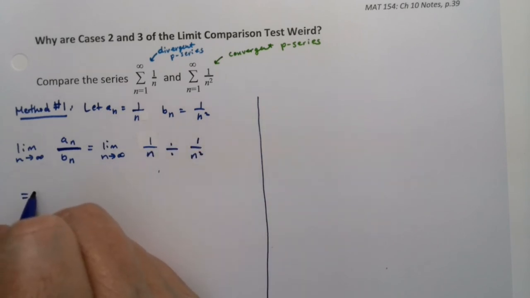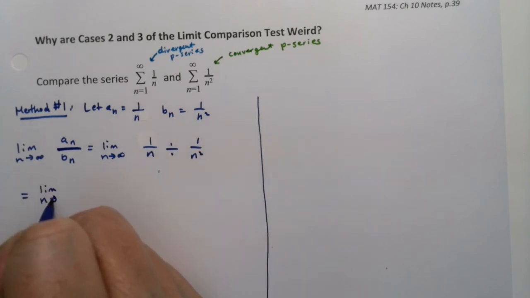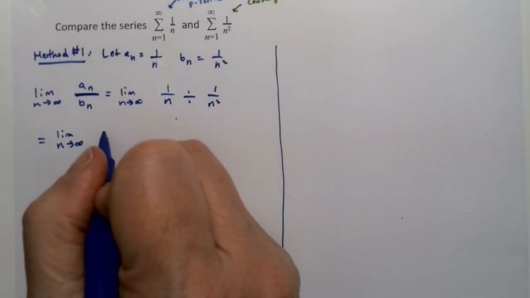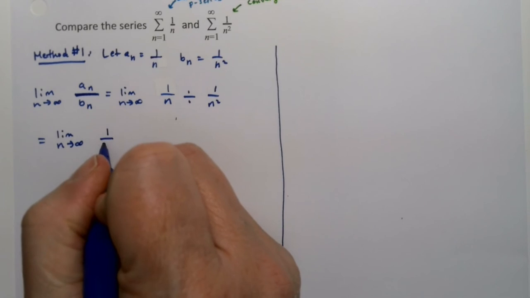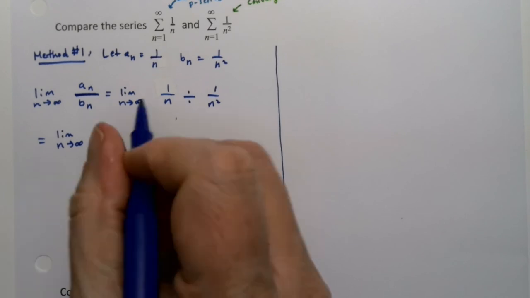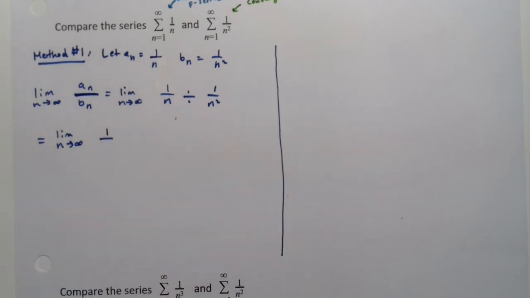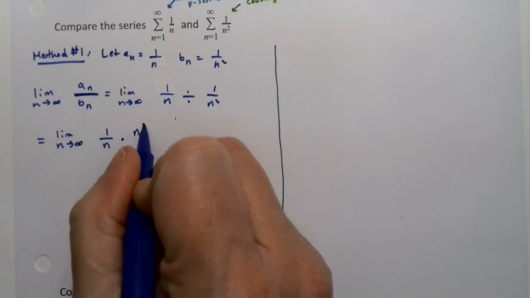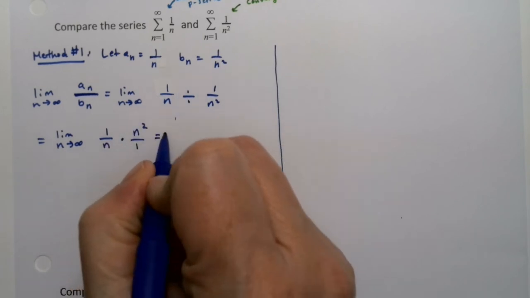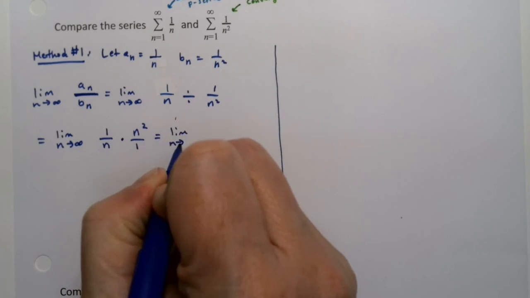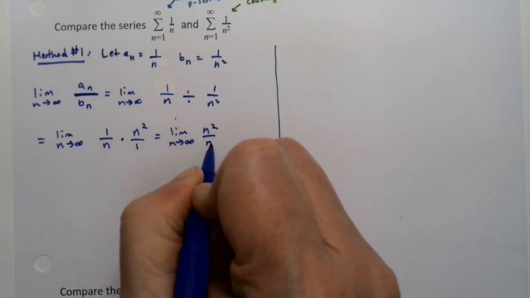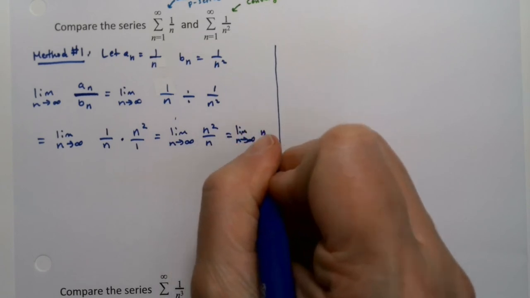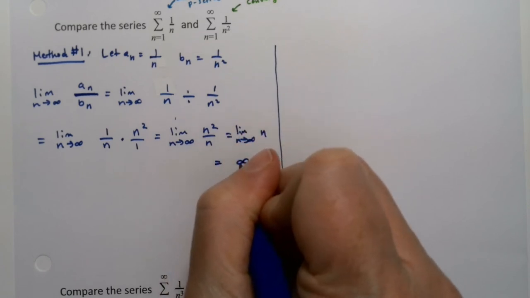That would be the limit as n goes to infinity of 1 over n times n squared over 1, which would be the limit as n goes to infinity of n squared over n, which is the limit as n goes to infinity of n, which is infinity.